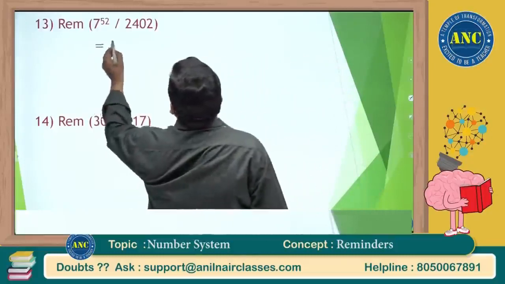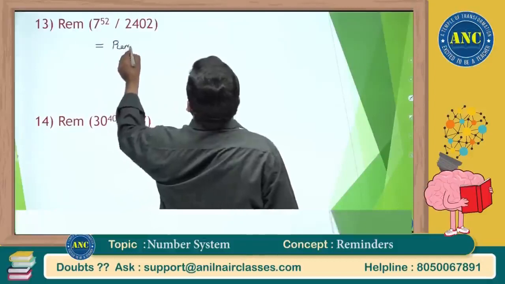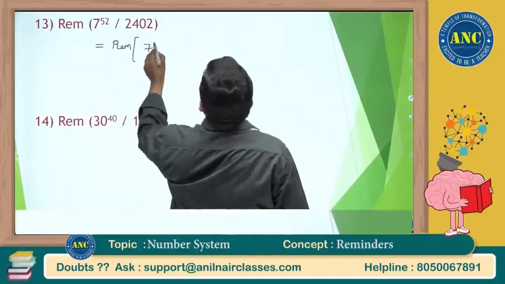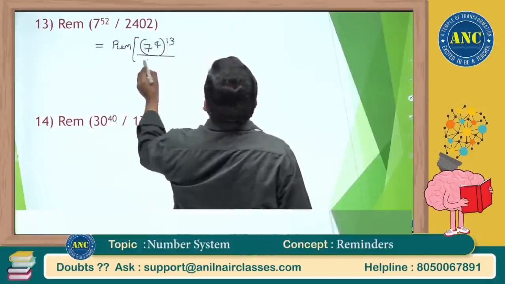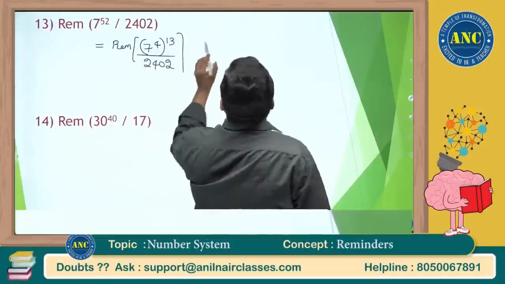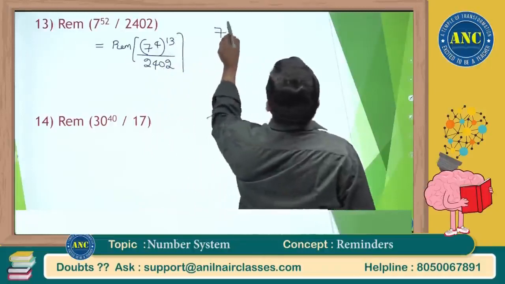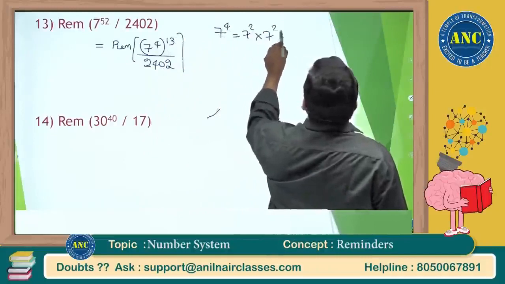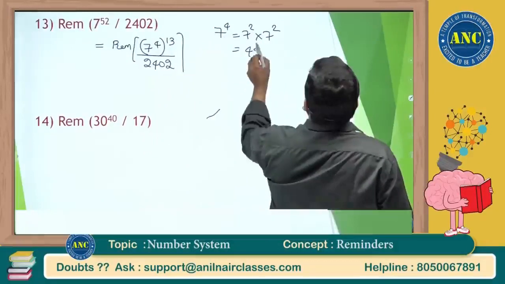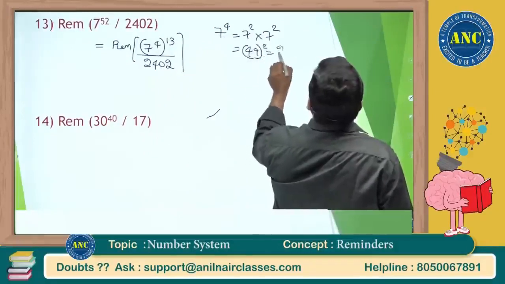13th question: 7 power 52. Yesterday we discussed this question. Which power of 7 gives plus 1 or minus 1 when divided by 2402? 7 power 4 is 7 square into 7 square, which is 49 into 49. 49 square is 2401.